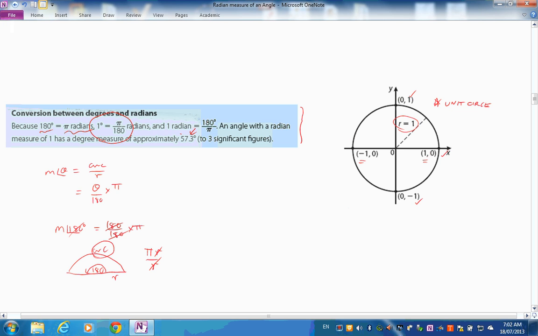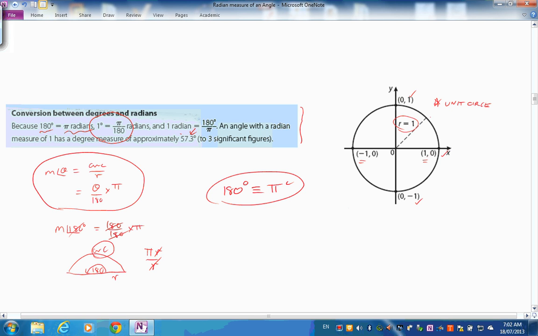So you can go backwards and forwards, and there are 2 ways of looking at it, I suppose. Doing this, theta in degrees over 180 times pi, or simply say 180 degrees is equivalent to pi. You might put a symbol there, pi radians, to show the conversion, or just write the word.